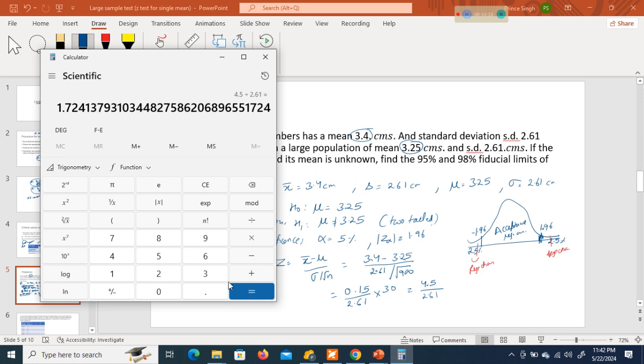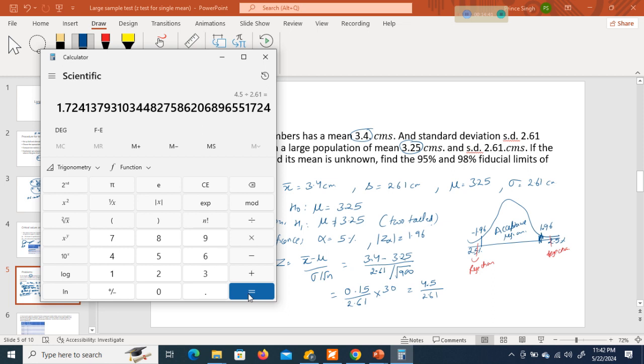Let me check again. So basically 3.4 minus 3.25, multiplied by 30, divided by 2.61.